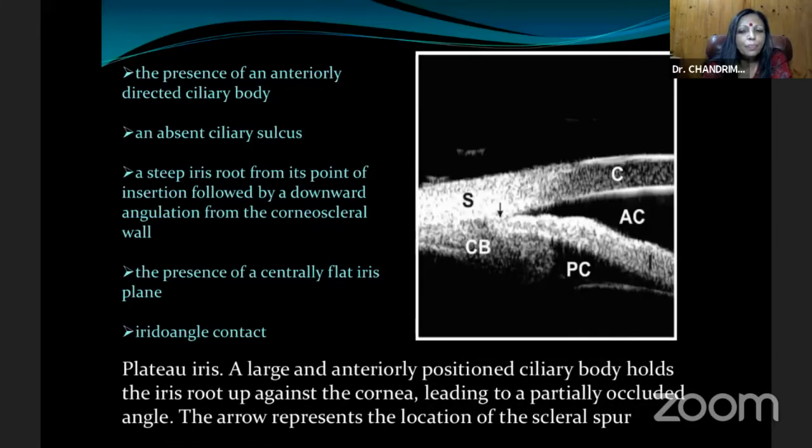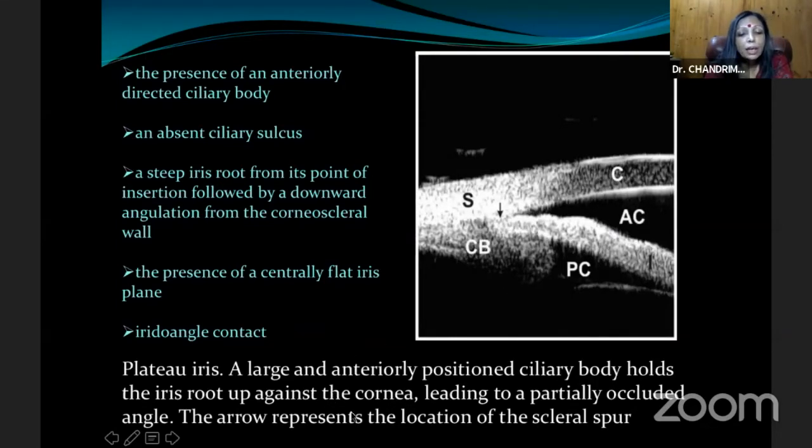That's the UBM picture: the presence of an anteriorly directed ciliary body and absence of the ciliary sulcus, a steep iris root from its point of insertion followed by a downward angulation from the sclerocorneal wall, and the presence of a flat iris plane, with irido-angle contact. Okay, there's contact.